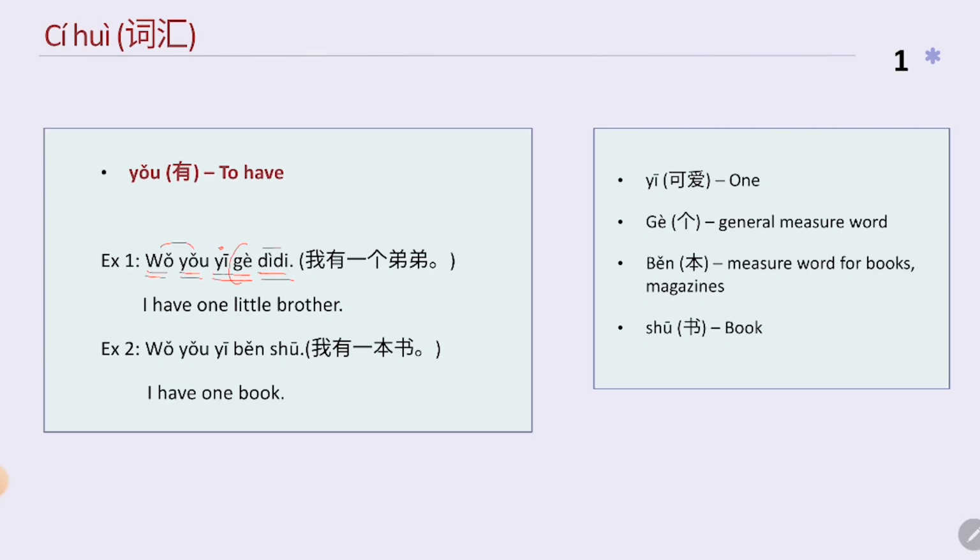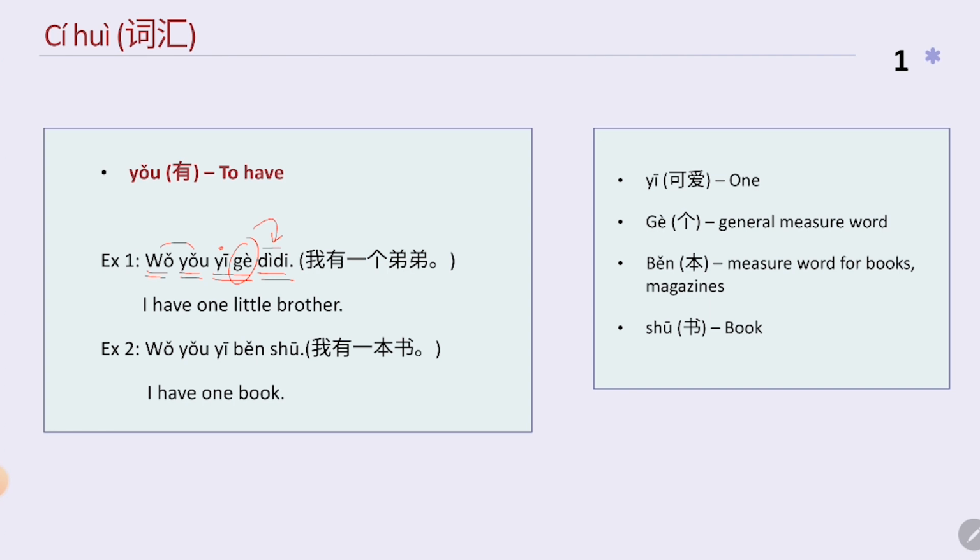And here, 个 is a measure word for this noun. We will learn some measure words at the end. 我有一个弟弟. That means I have one little brother.